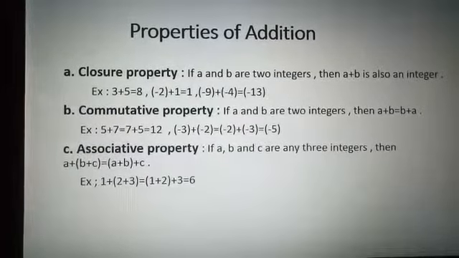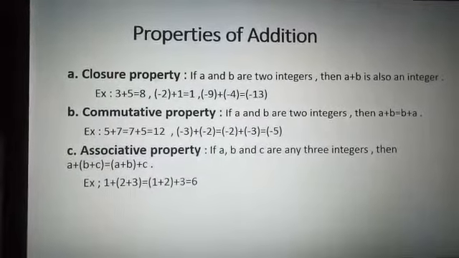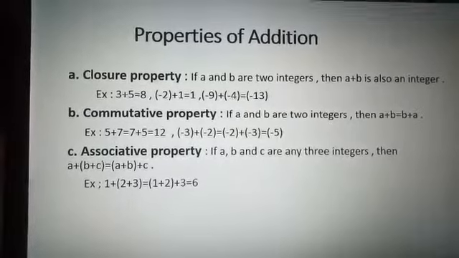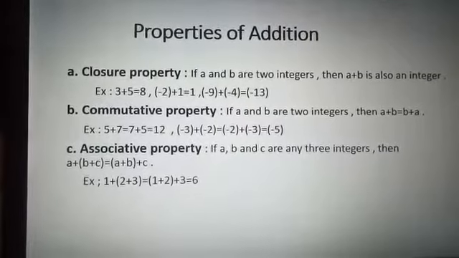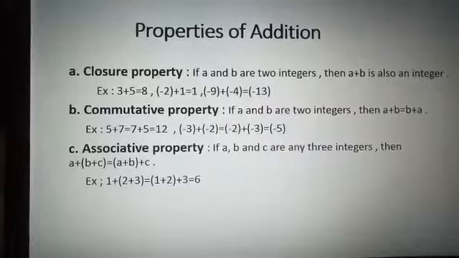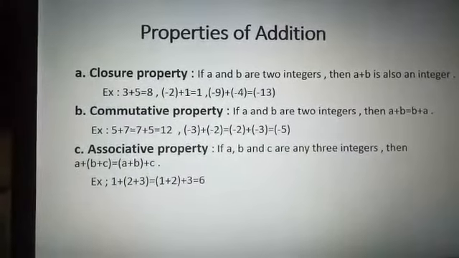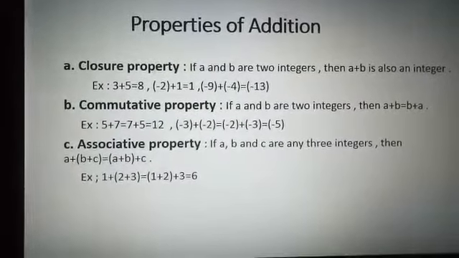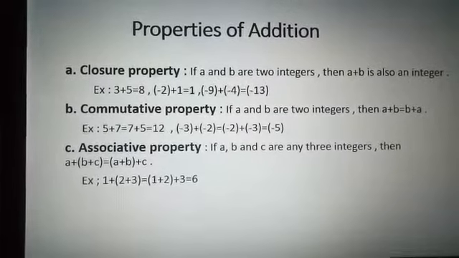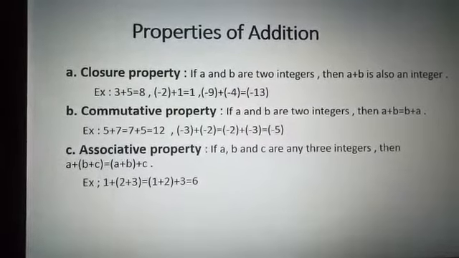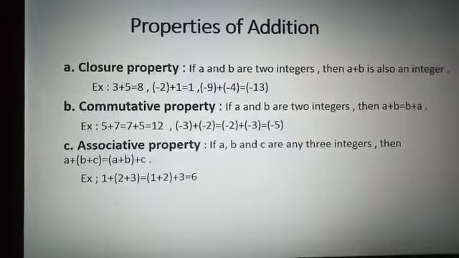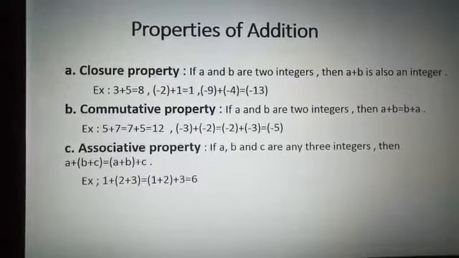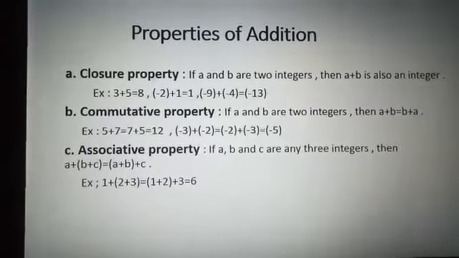See the first example. 5 plus 7 will be 12 and 7 plus 5 will be 12. That means after interchanging the position of 5 and 7, you will get the same answer. That is called commutative property. That means A plus B is equal to B plus A.